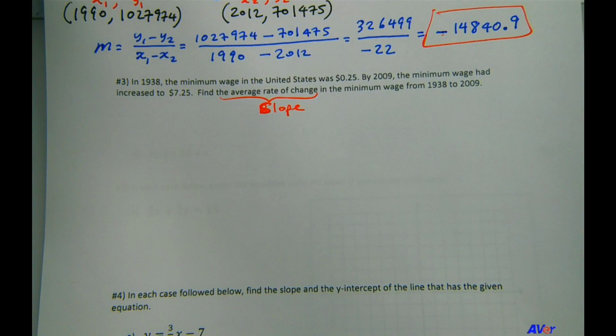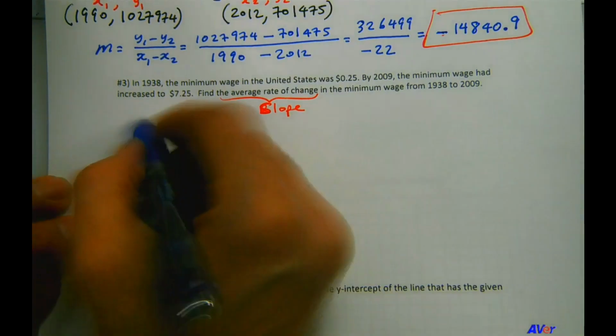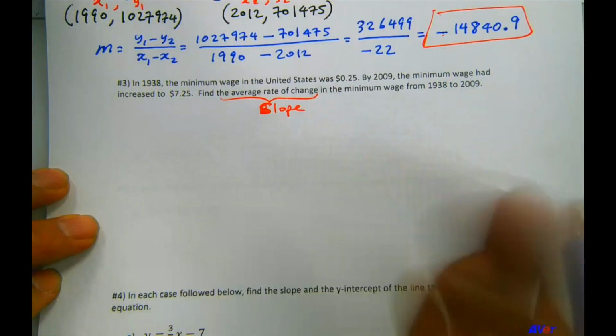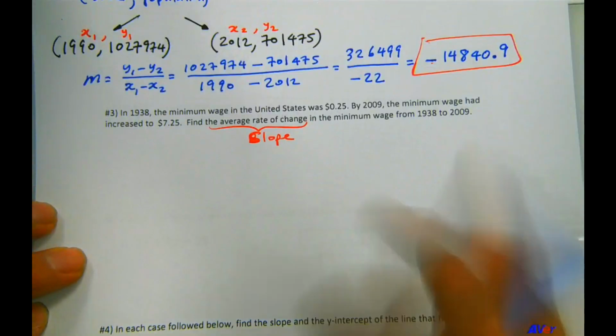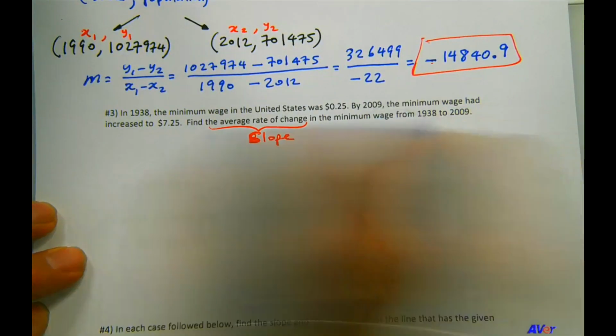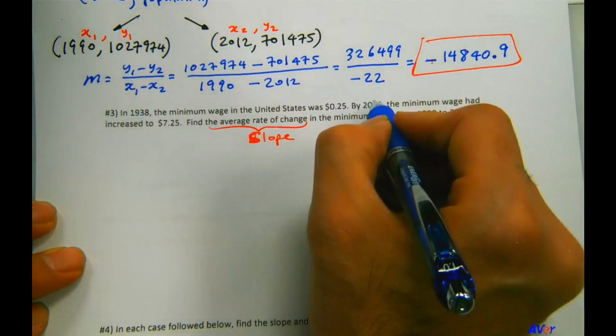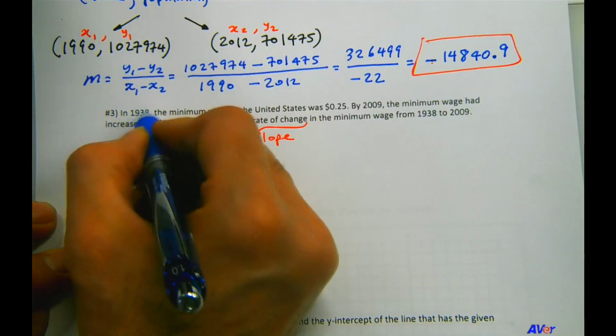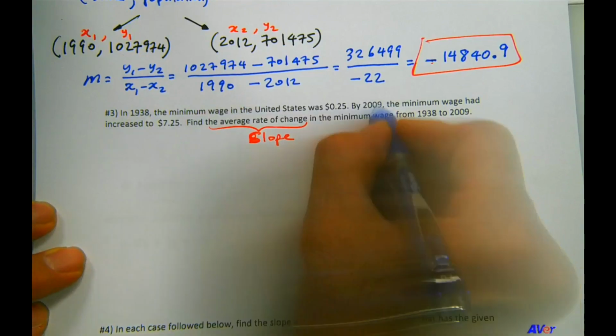Just like before, we need to establish the independent and dependent variables. We have two quantities here again. We have 2009 and 1938, so that's time. That quantity represents time.